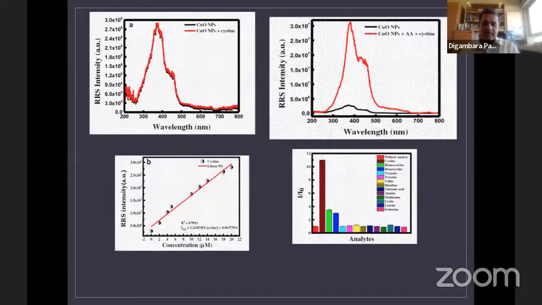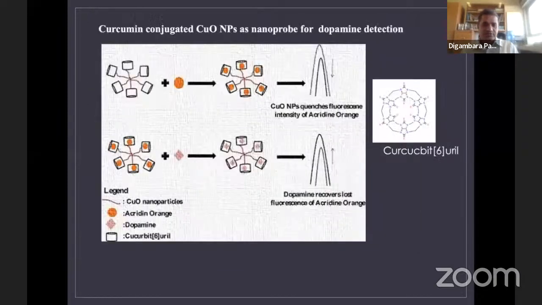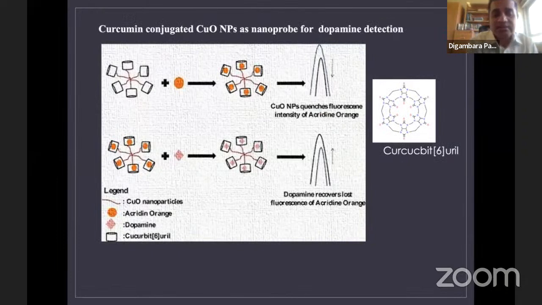So here we can selectively estimate cysteine. We can even do it for homocysteine, and there is no interference from other analytical species, especially other amino acids and other samples. Then we did a similar assay to what we did for gold nanoparticles.